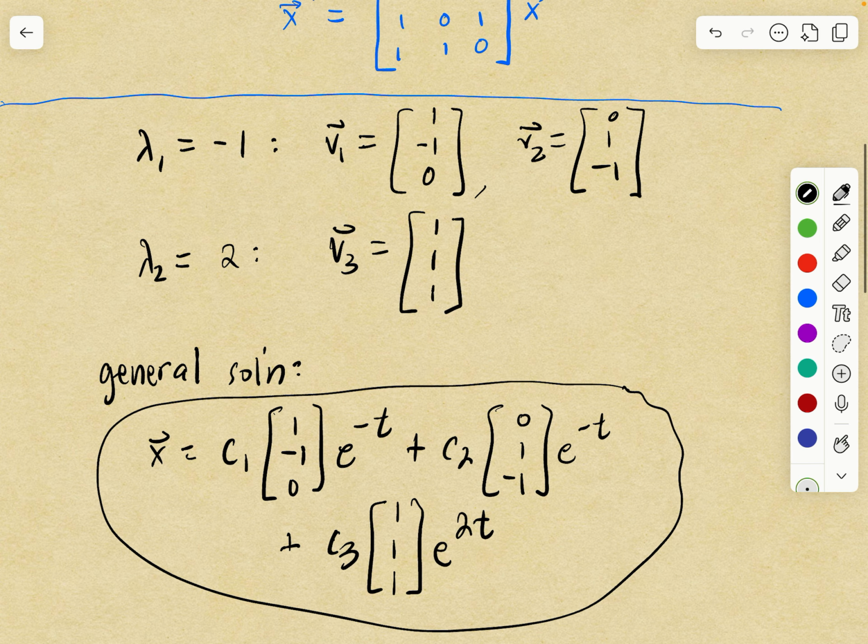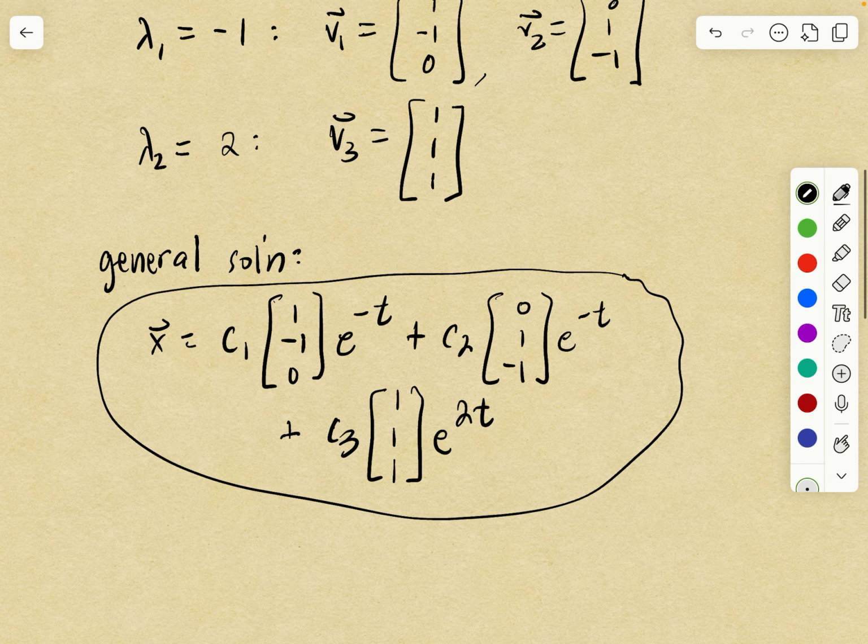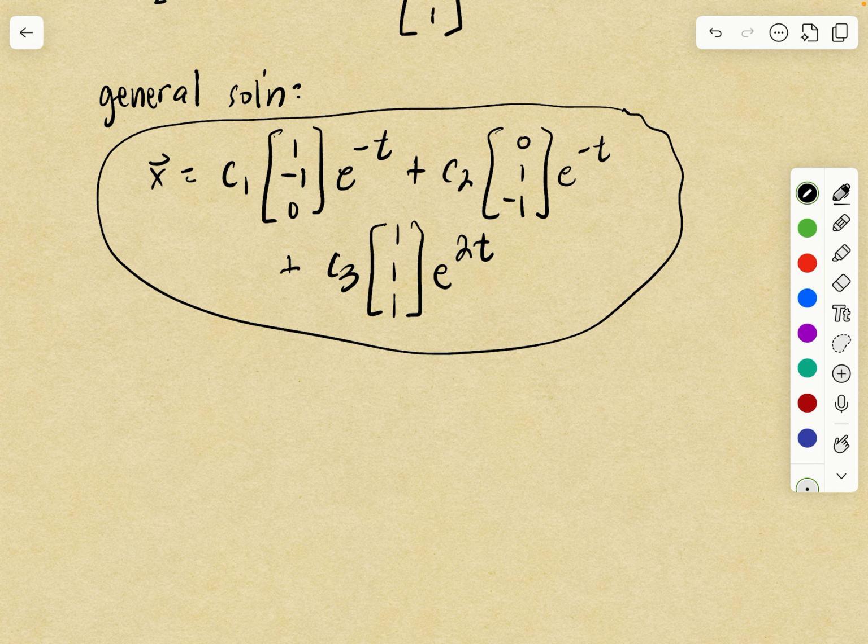Remember that for a diagonalizable matrix, you might not have n distinct eigenvalues, but as long as the geometric multiplicity is equal to the algebraic multiplicity, then you will get n independent eigenvectors.